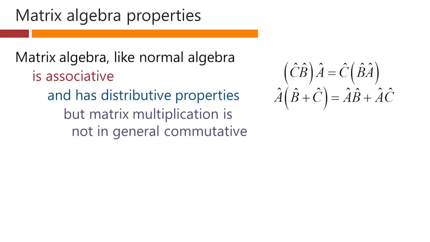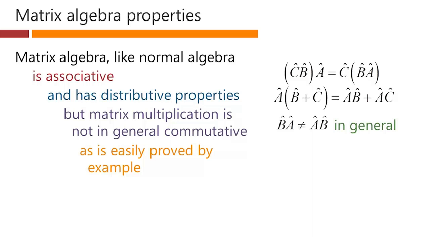But matrix algebra is not, in general, commutative. That is, in general, it's not the case that if we take two matrices A and B, that the product B times A is equal to the product A times B. Now, it is possible that for some matrices this may be true, but it's not true in general. And this is easily proved with a simple example.